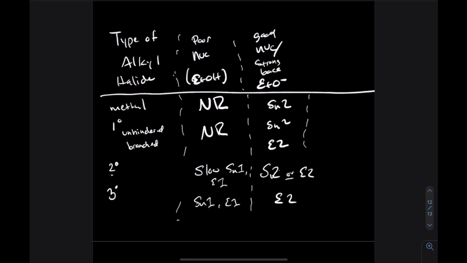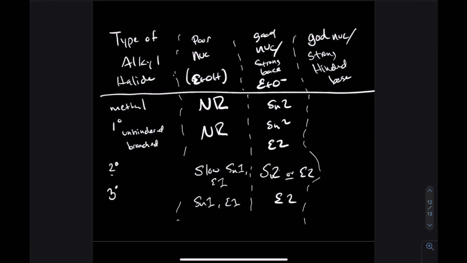Now, on the other hand, if you have a good nucleophile that is a strong hindered base, all right, so t-butoxide.